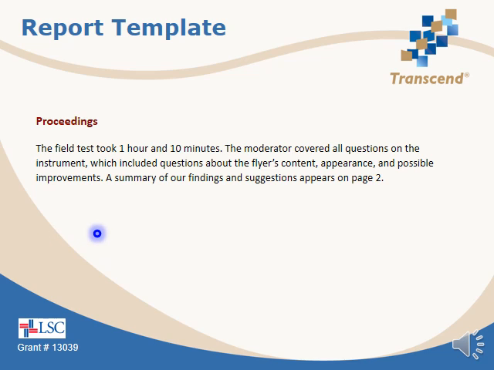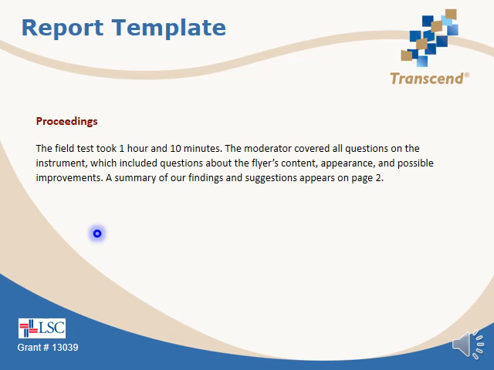The next part of the focus group report is to say how long it took, and to also memorialize whether we were able to get through all of the questions or not, if any other questions were asked, if there was anything unusual, unexpected. And in this case, we covered all of the questions in the instrument.